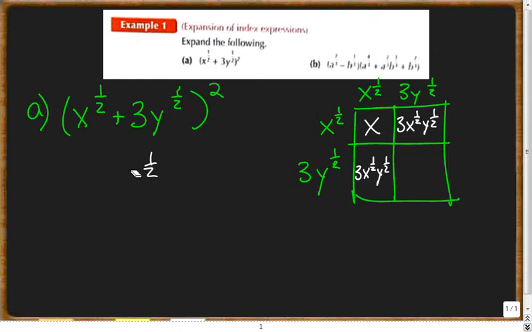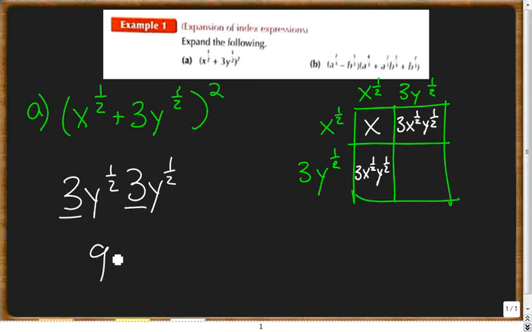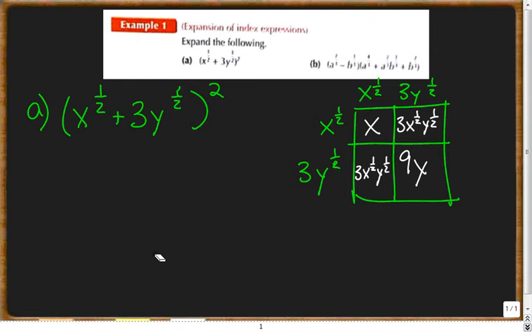And then finally, 3y to the 1/2 times 3y to the 1/2. 3 times 3 makes 9. The y to the 1/2 and the y to the 1/2 make y, so we get 9y. Now, when we put all this together, we have 1x.